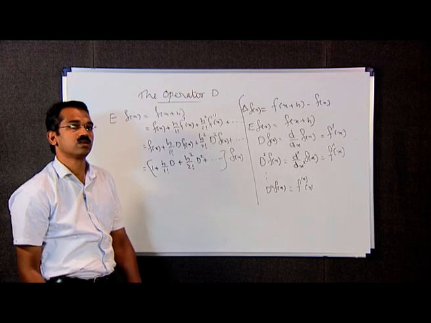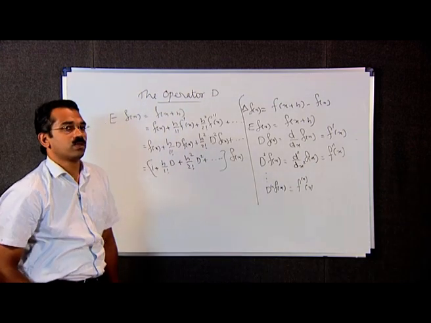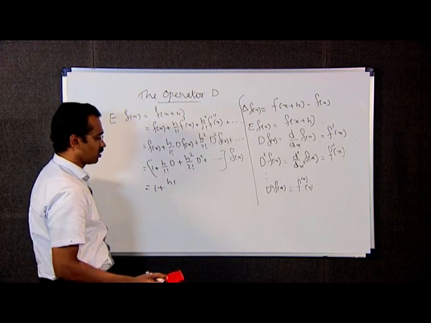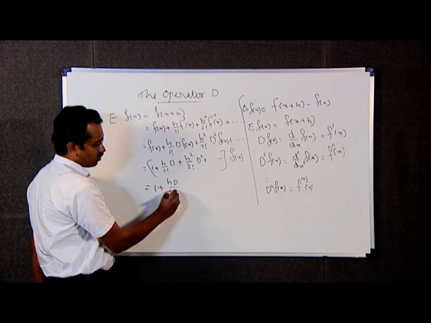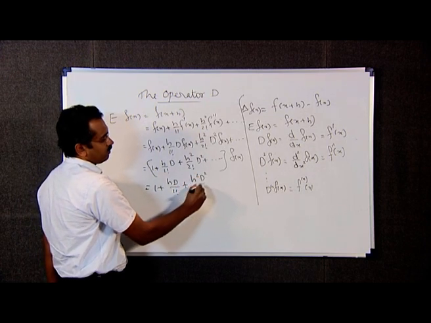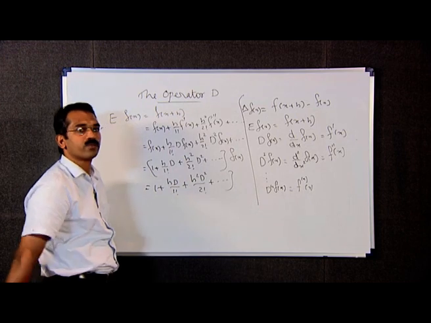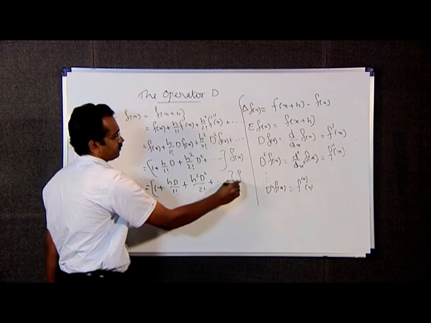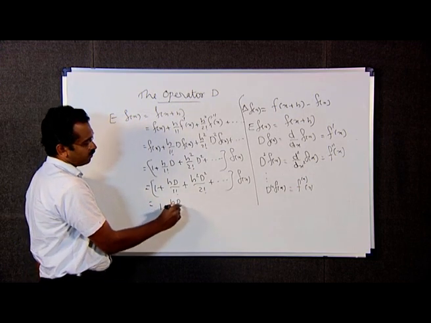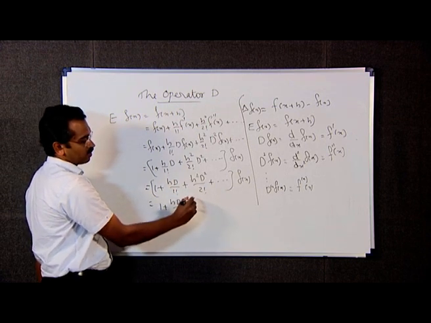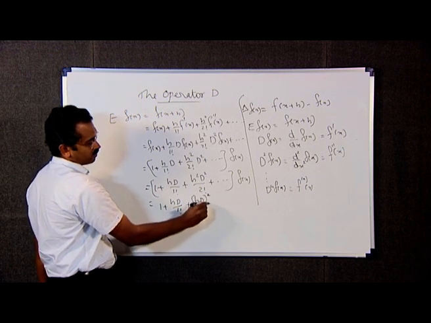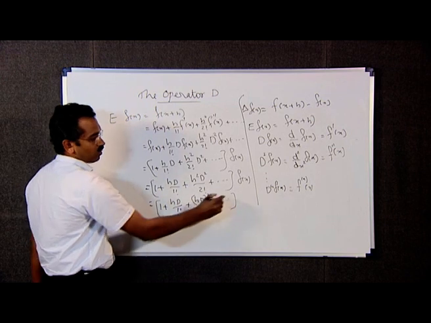f of x can be taken outside. This is equal to 1 plus h D by 1 factorial plus h square D square divided by 2 factorial plus etc. of f of x, that is 1 plus h D by 1 factorial plus h D whole square divided by 2 factorial plus etc. of f of x.